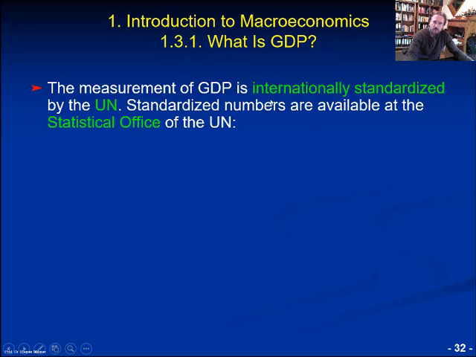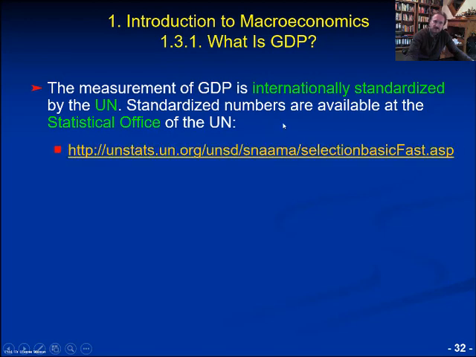The measurement of GDP is, as already mentioned, internationally standardized by the United Nations, and the Statistical Office of the United Nations has a database which you can reach via this link, and there you find GDP for all member states of the United Nations. So that is the broadest database for GDP.